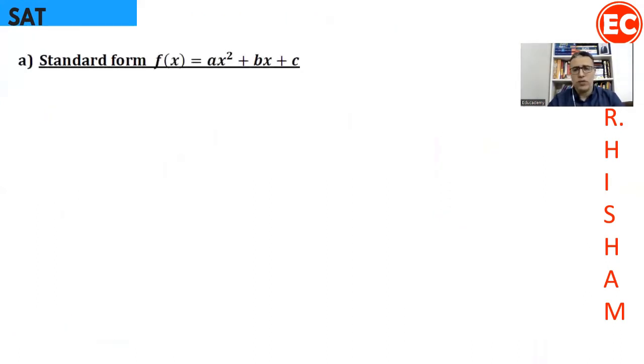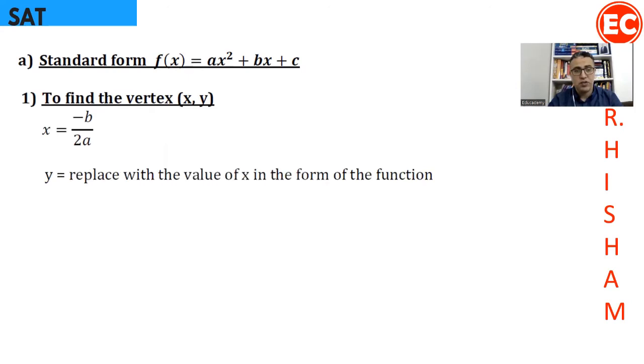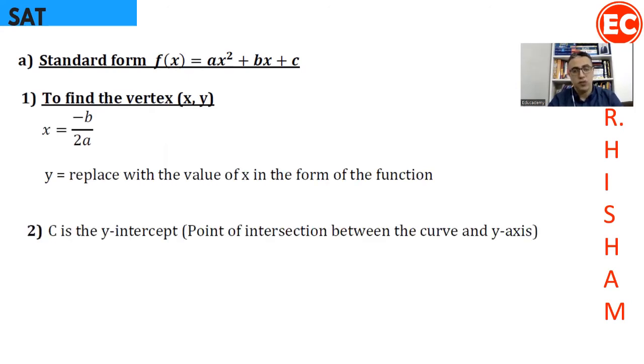Let's study with the first one, the standard form ax squared plus bx plus c. We need to understand how to find the vertex of this form, how to find the x-intercept, how to find the y-intercept.